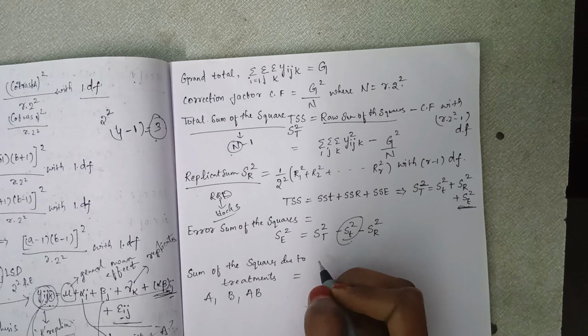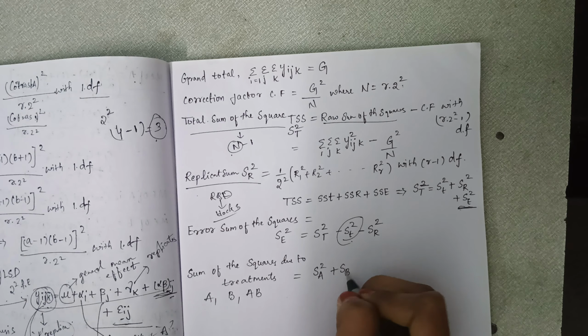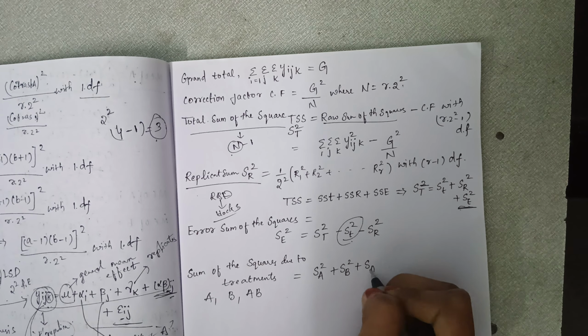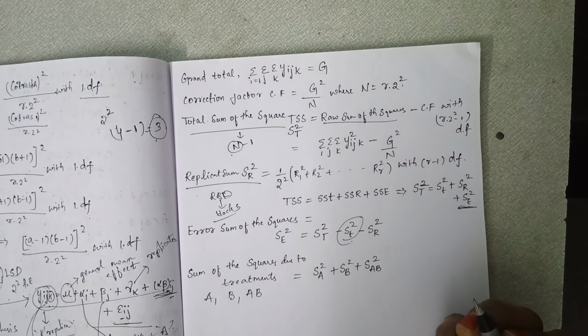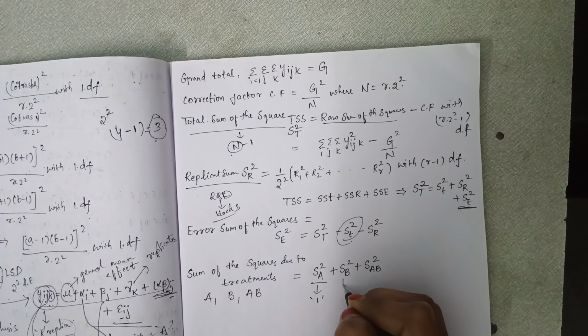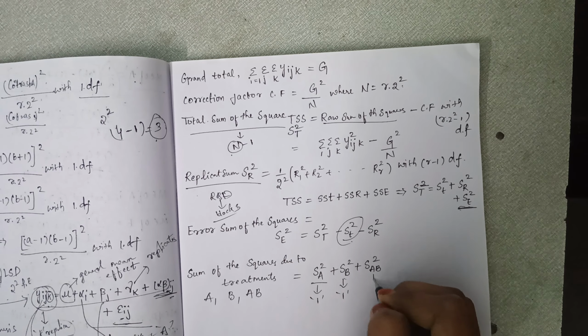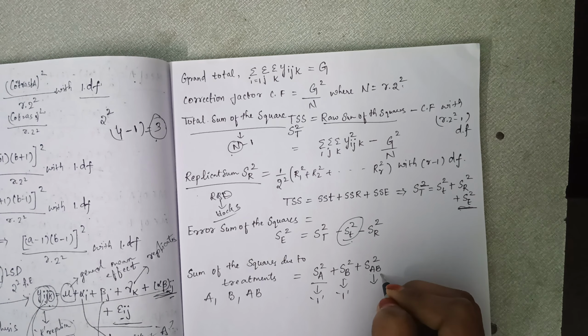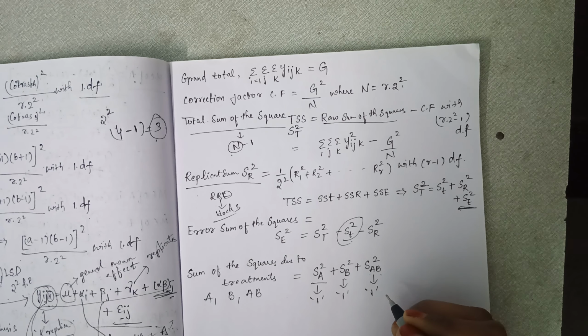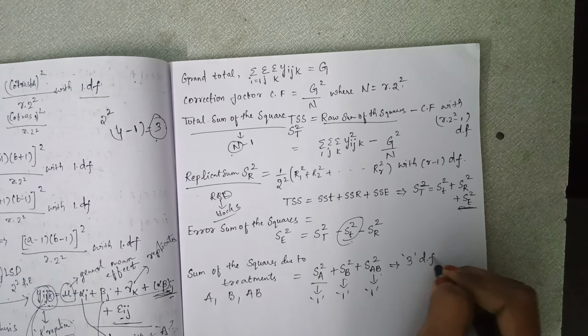So SA square plus SB square plus SAB square, which are nothing but the main effect of A with 1 degree of freedom, the main effect of B with 1 degree of freedom and the interaction effect AB with 1 degree of freedom. So which is nothing but 3 degrees of freedom.